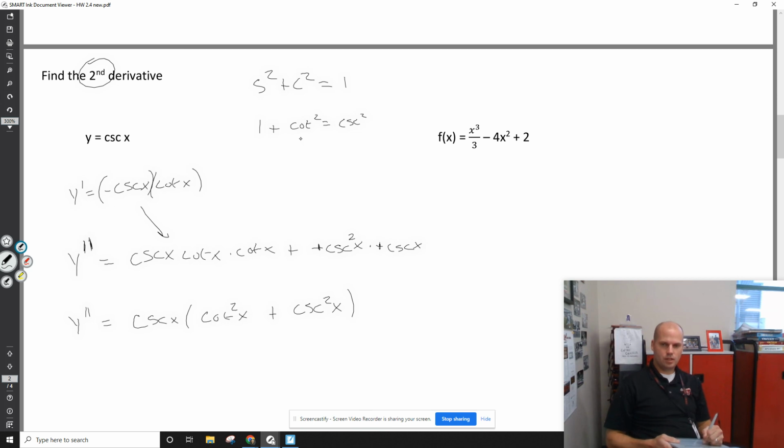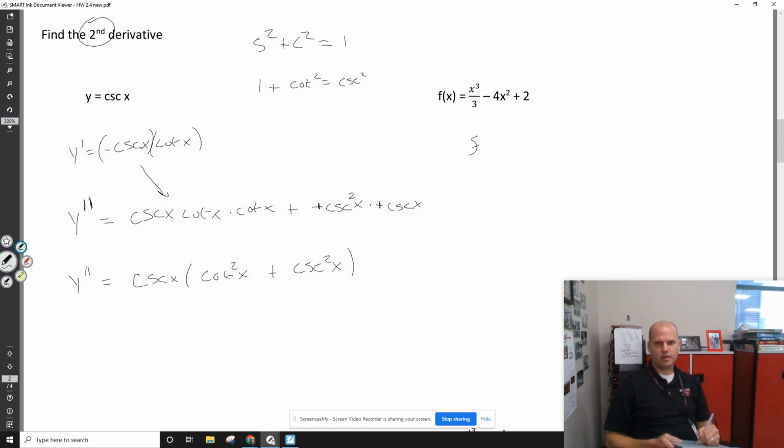Maybe I can use this identity to simplify this. I can't though, like cosecant minus cotangent is 1. I have cosecant plus cotangent, so I wouldn't. But if you see something crazy, maybe in another practice problem, maybe on the AP classroom problems, you see a simplification and you're like, what the heck just happened? They might have used a trig identity to simplify things, okay?